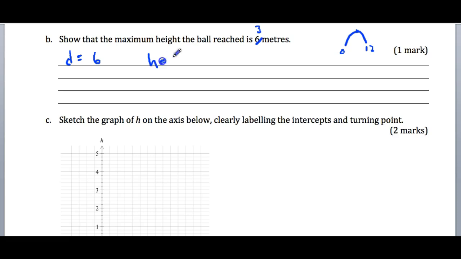So all we have to do is work out what h is when d equals 6. So 6 minus 36 on 12, and that gives you 6 minus 3, h equals 3. Okay, so it happens at 6 metres, but the height is actually 3. And I might just quickly change that now before I save it.